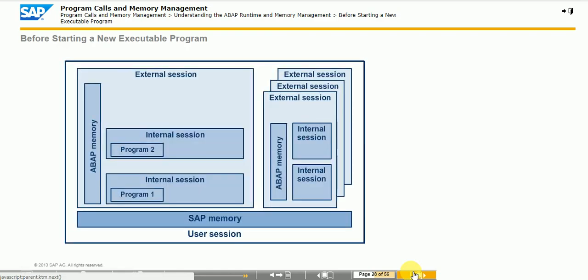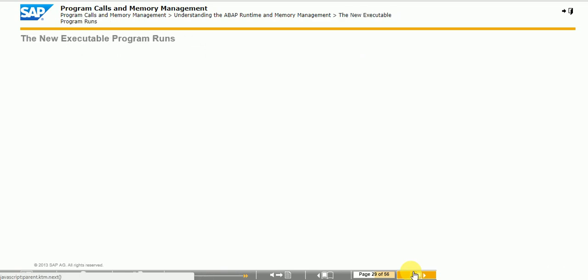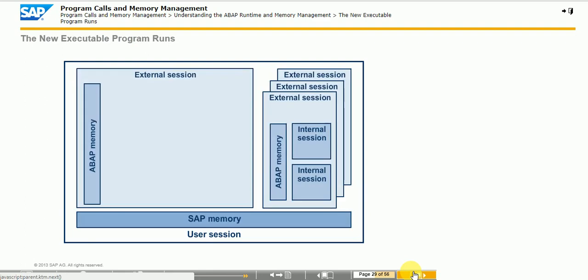The system makes a distinction between calling an executable program and calling a transaction with regard to memory areas. The starting point for the second case is the execution of a submit statement within a program. When you start an executable program with the submit statement, the following actions occur. The system ends the calling program.